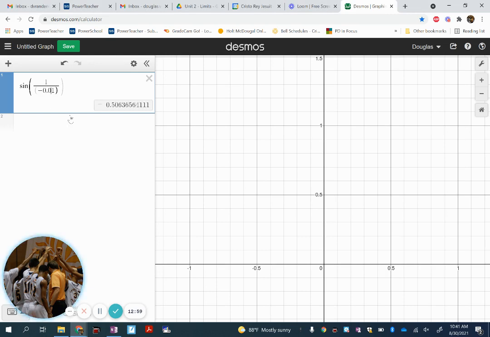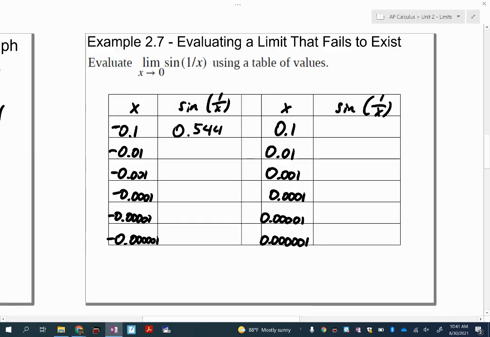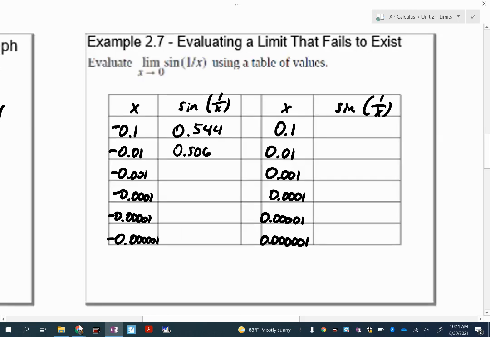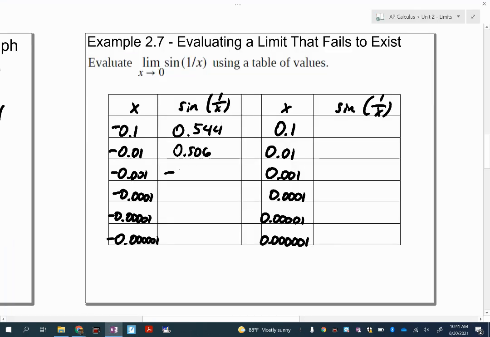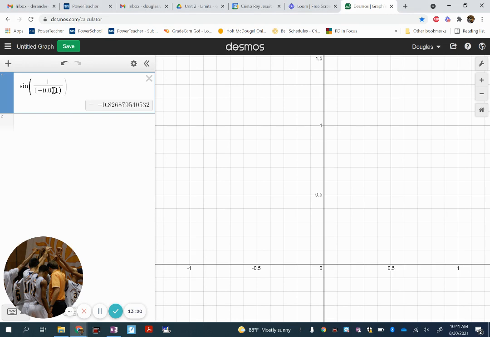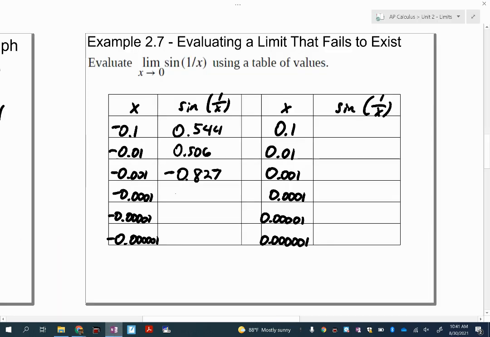Add in that 0, we get 0.506. Another one: negative 0.827. Huh, that's interesting. Positive 3.306. So this doesn't really seem to be approaching anything.